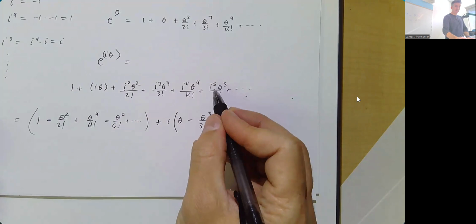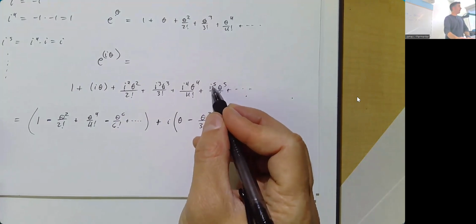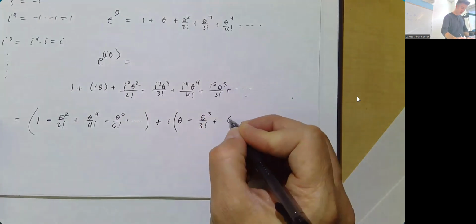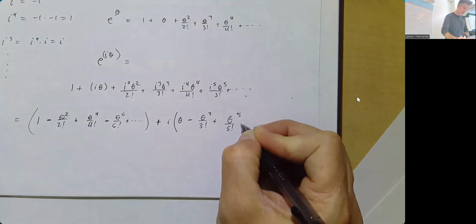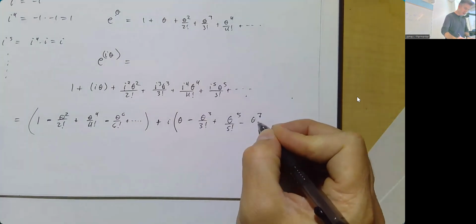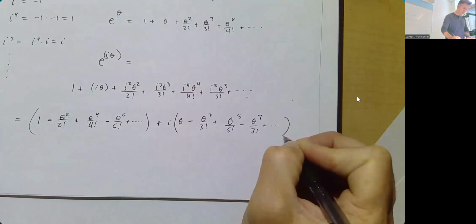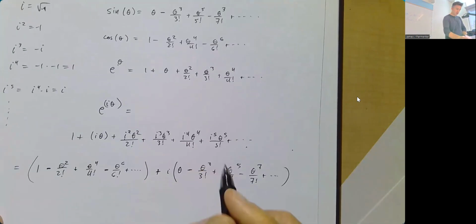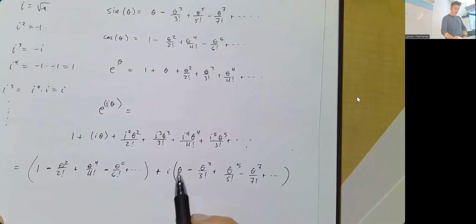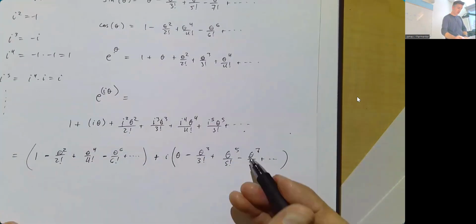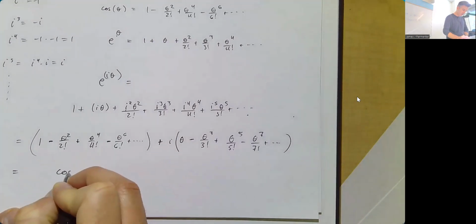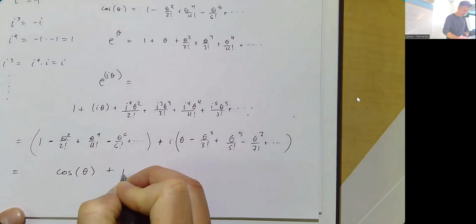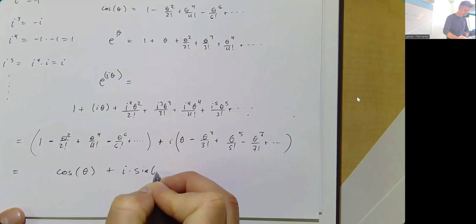Plus, if I factor out an i from i to the 5th, I'm left with an i to the 4th, which is +1, times theta to the 5th over 5 factorial. And you can see the alternating behavior. But look, that is exactly cosine of theta. That is exactly sine of theta. So this really does equal cosine of theta plus i times sine of theta.